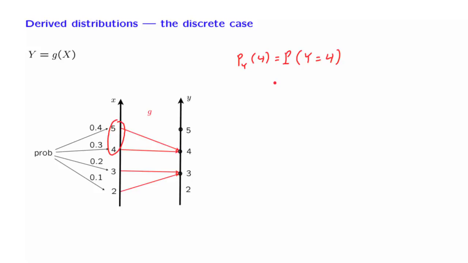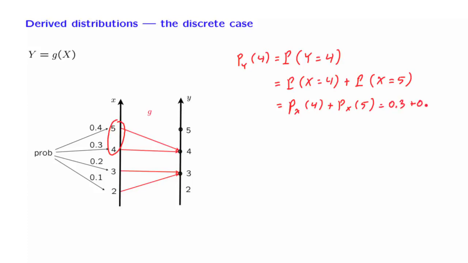Therefore, this expression is equal to the probability that x equals 4 plus the probability that x is equal to 5, or in PMF notation, we can write it in this manner. And in this numerical example, it would be 0.3 plus 0.4.